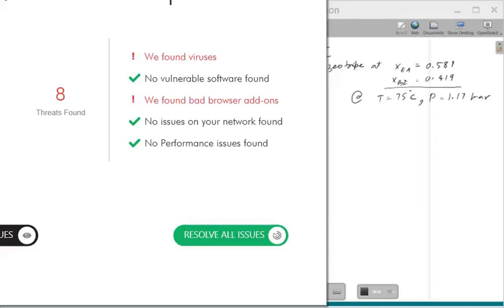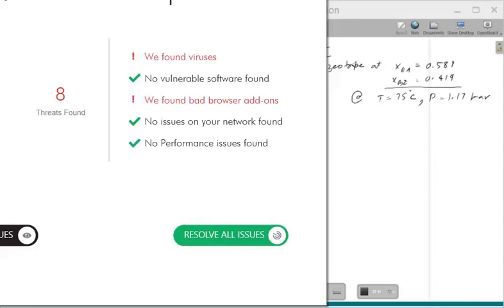Let me just write this down. So this is given to us, and this is an equation whose form can be obtained from thermodynamics. I hope you all have studied that.